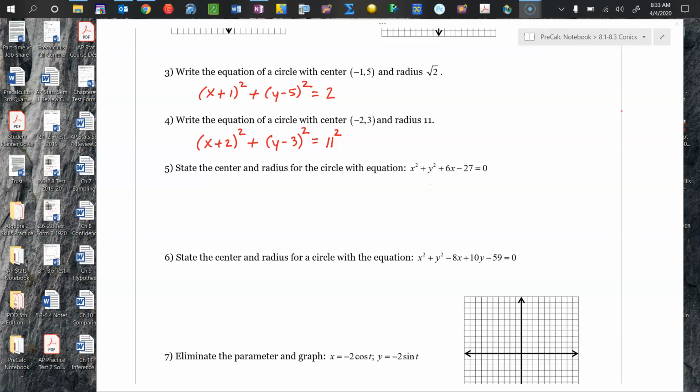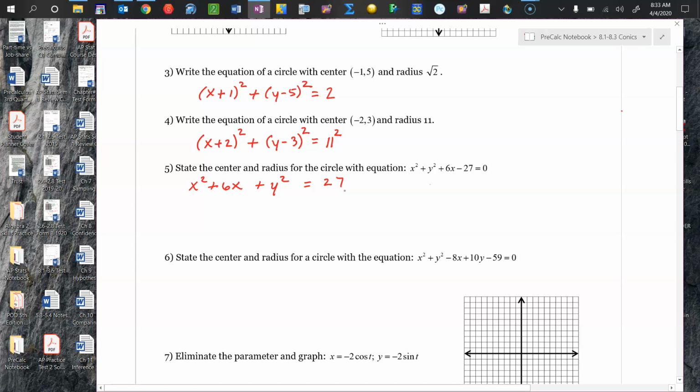To begin that process, I would recommend grouping the x terms together and the y terms together and moving any constants over to the opposite side. So I would begin problem number 5 like this: x squared plus 6x plus y squared is equal to 27.